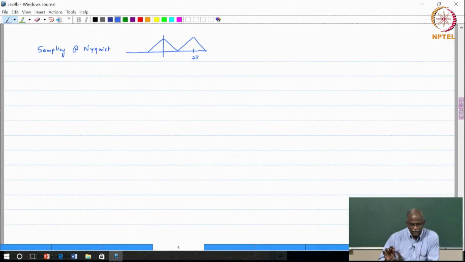So, there is no gap in the spectrum, basically you are sampling it exactly at twice the highest frequency content, and therefore, the two copies of the spectra just touch each other. Now, of course, reconstruction or removal or anything else you want to do with this is not possible.